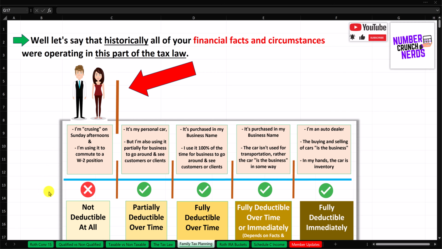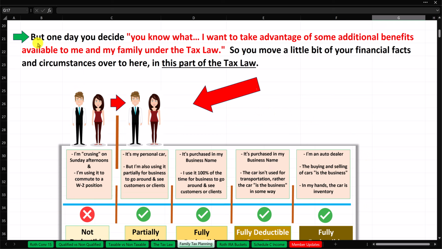This, by the way, is the same chart that we were just looking at on the previous page. But then one day you decide, you know what, I want to take advantage of some of the additional benefits available to me and my family under the tax law. So you move a little bit of your financial facts and circumstances over here into this part of the tax law right here.